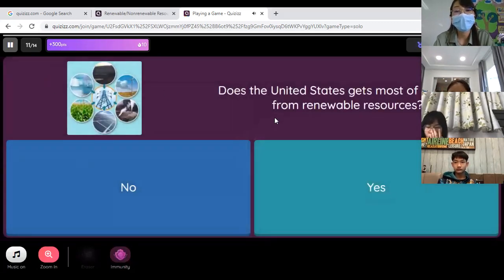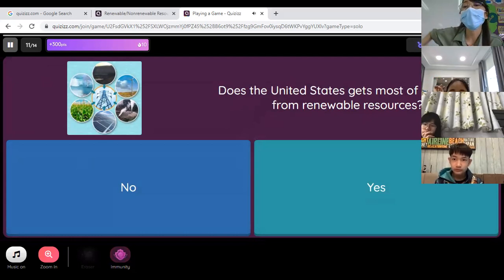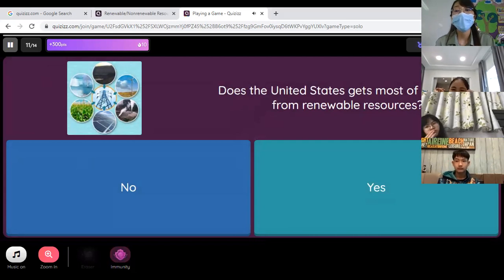Okay, 11. So this question is tricky. Does the United States get most of its energy from renewable energy? Not only the United States, but generally, okay. Do we get most of the energy from renewable energy sources or not? I remember saying this to you guys. We use renewable or non-renewable energy the most. Yes.